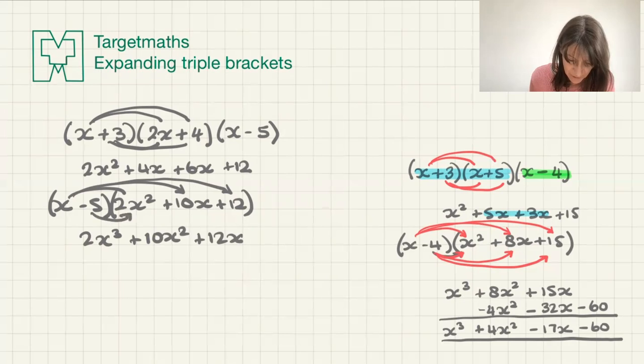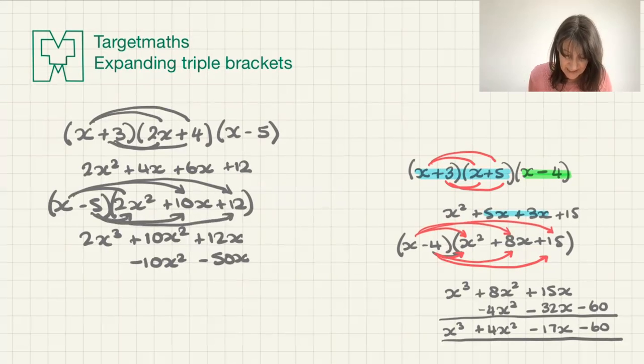Minus 5 times 2x squared is minus 10x squared. Minus 5 times 10x is minus 50x. And then I've got minus 5 multiplied by 12, which is minus 60.